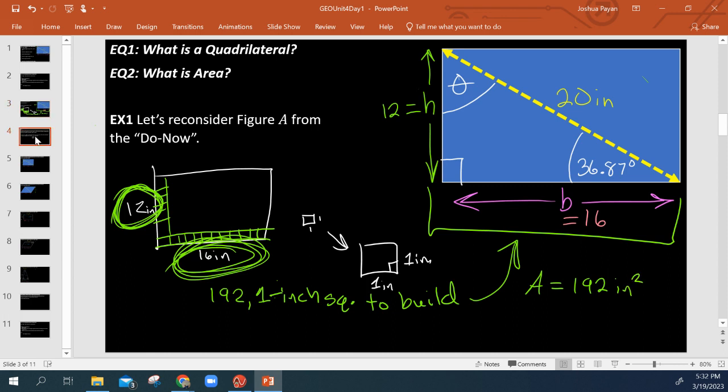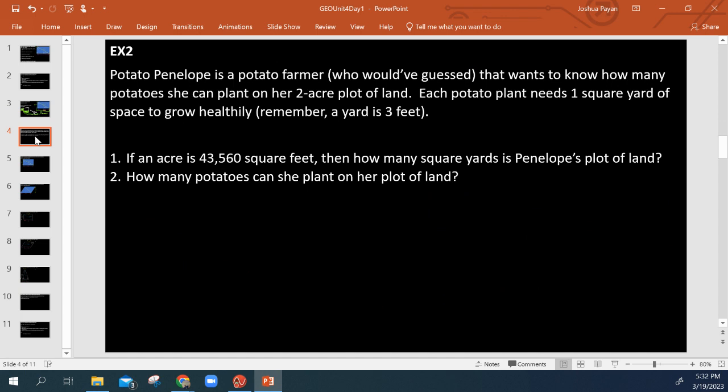Okay. So, another example. So, we've got Penelope here, who's a farmer. I'll give you a minute to read this. But she wants to know how many potatoes she can plant on her 2 acre plot of land, right? And then we've got some unit conversions to do here, right? So a yard is 3 feet. Keep that in mind.